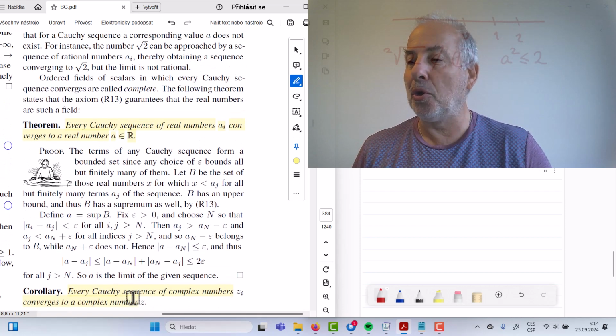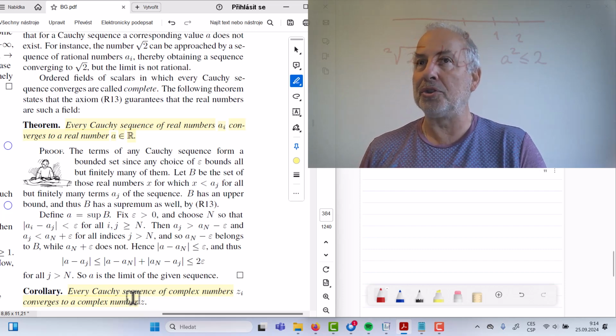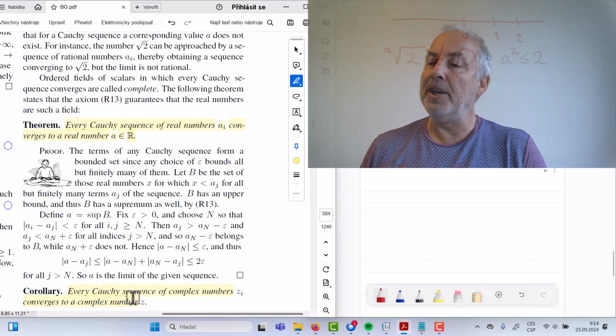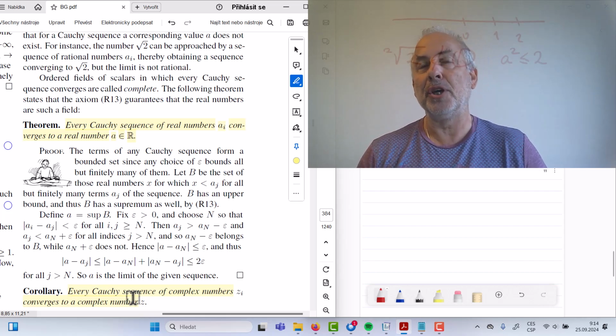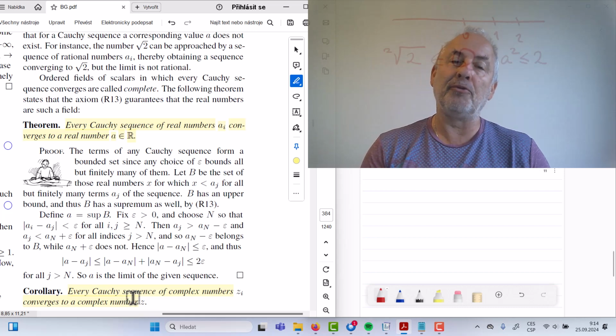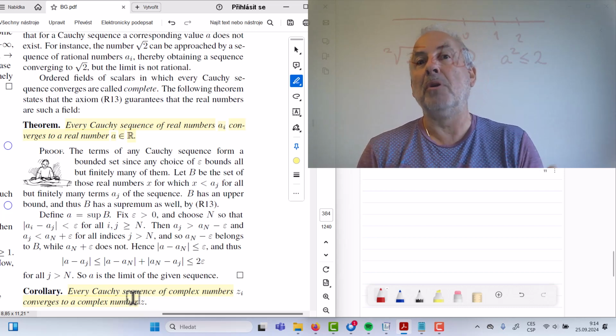But this doesn't solve the initial problem I mentioned: how to understand the existence of the real numbers? Here there is a very simple way to go, and it's pretty much the same thing as we did with the rationals being built from integers. We simply said, well, what about the quotients of integers?